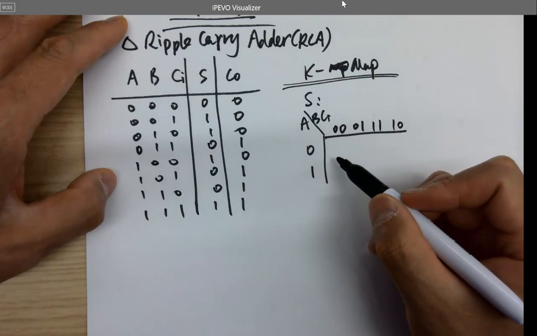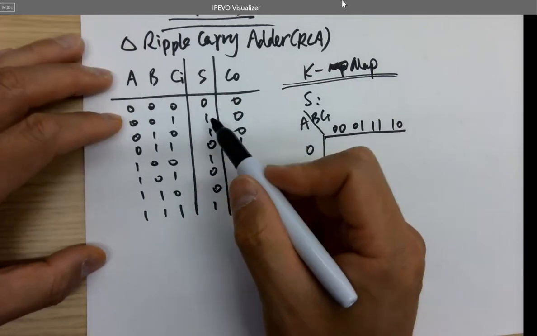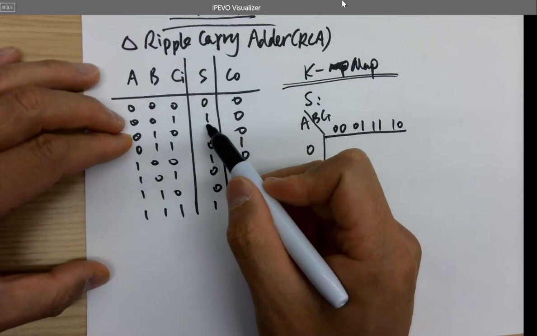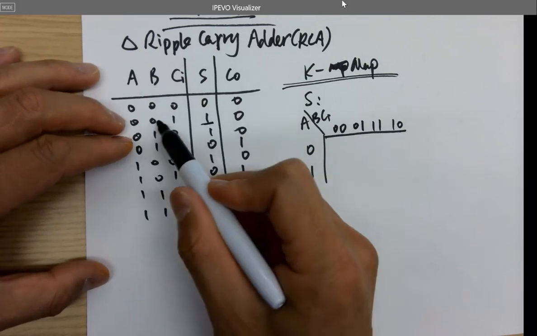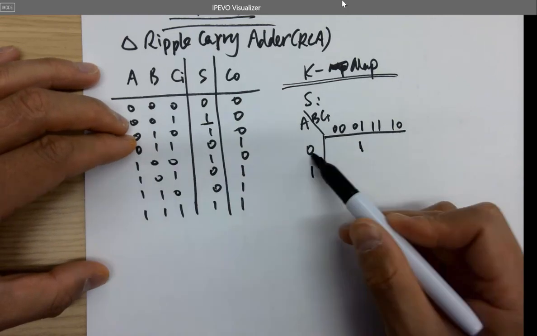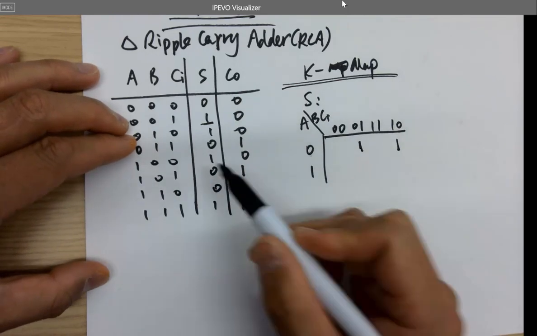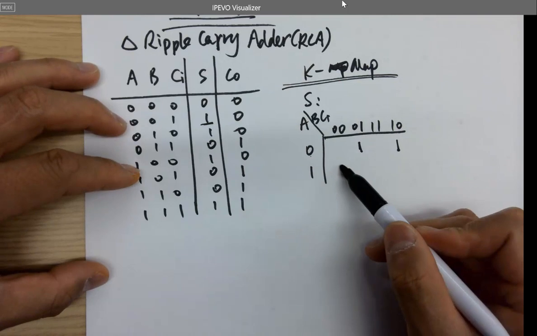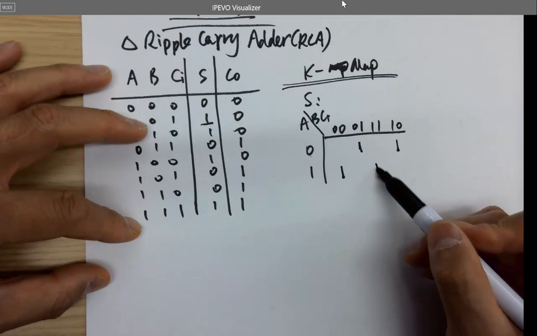Then see what are the locations of the ones. Have 0, 0, 1, 0, 0, 1, 0, 1, 0, 0, 1, 0, and 1, 0, 0, and 1, 1, 1. Okay.